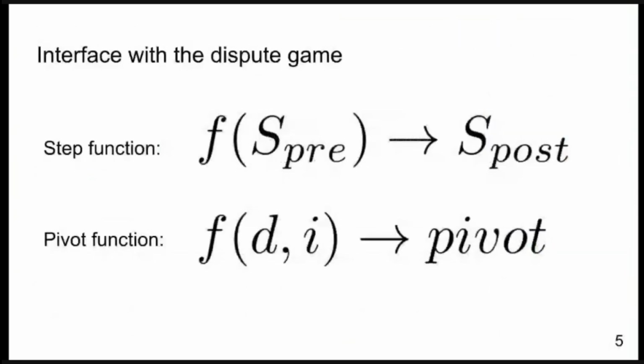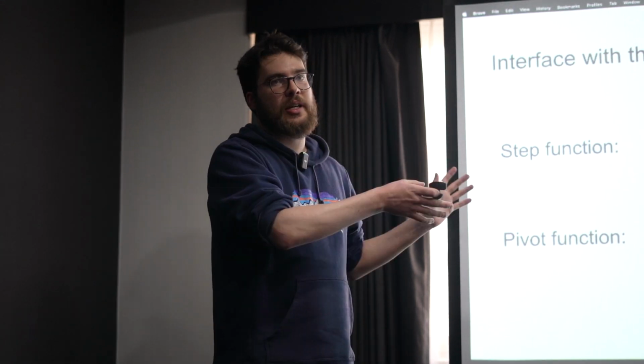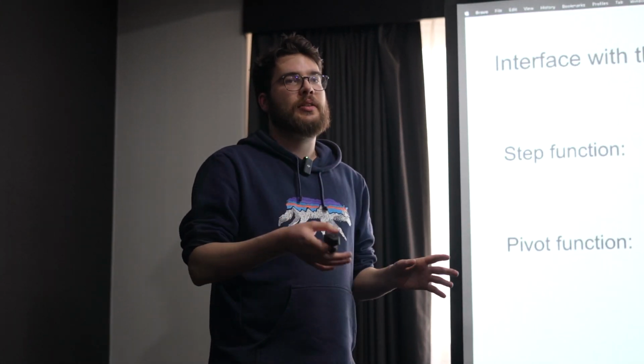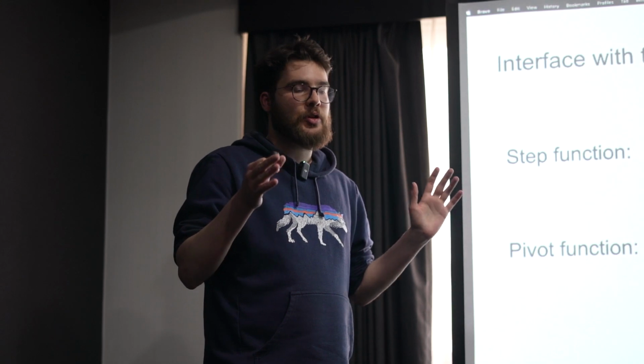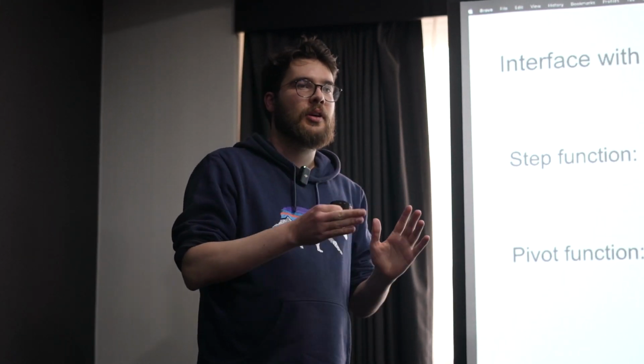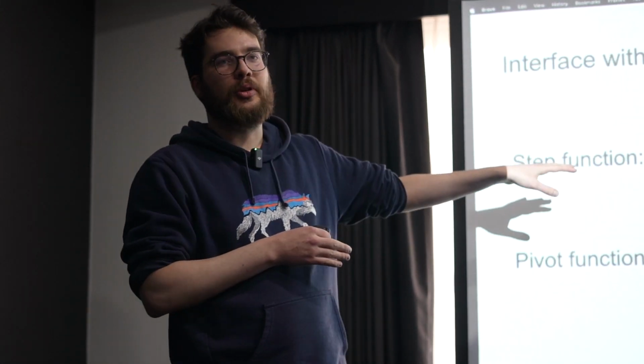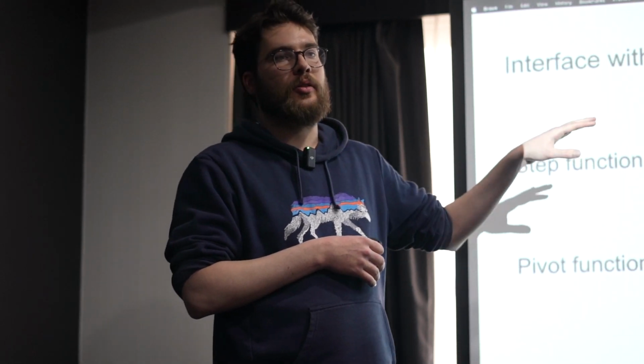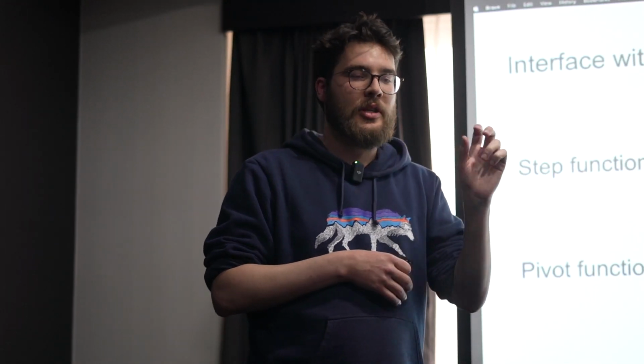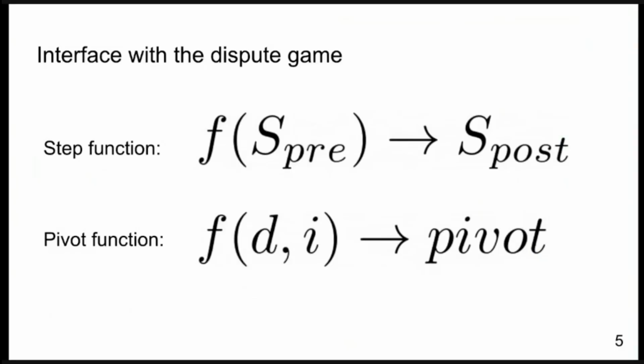So how does this look? We have 2 functions. These were presented in the presentation by Ben. We have the simple step function that everybody knows. We take some state, create some post state. Now what we do with the dispute game is narrow this down to make this function as simple and as easy to represent on layer 1 as possible, down to just executing a single instruction.